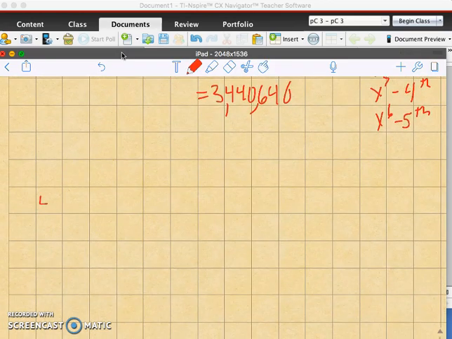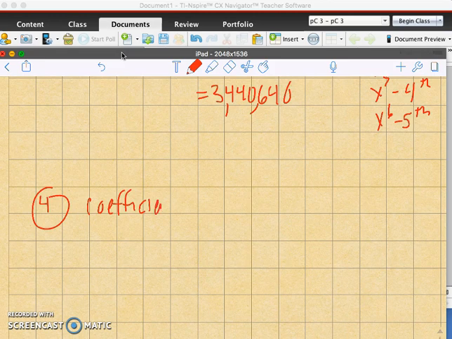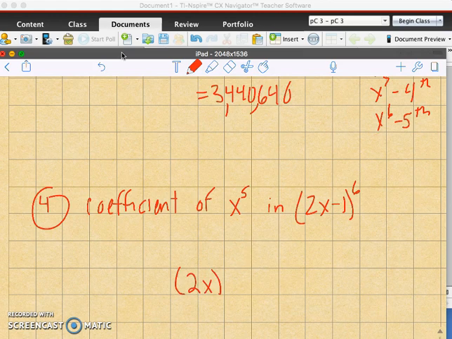One last one we're going to take a look at. Let's say we had to find the coefficient of x to the 5th in 2x minus 1 to the 6th. So we know that this is going to be 2x to the 5th, which means it's going to be negative 1 to the 1st. So that's our choosing number.